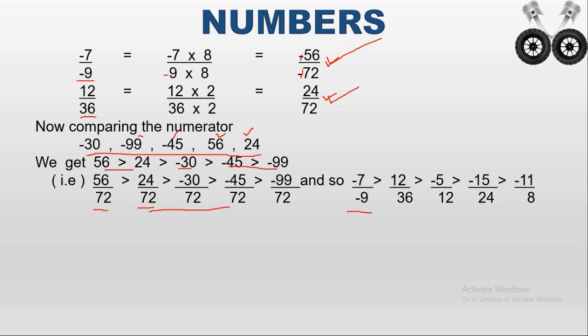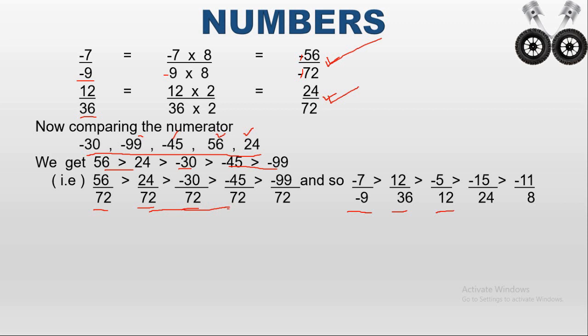So instead of 24 by 72, I can write 12 by 36. And then the third rational number is minus 30 by 72. Instead of that, I can write minus 5 by 12.